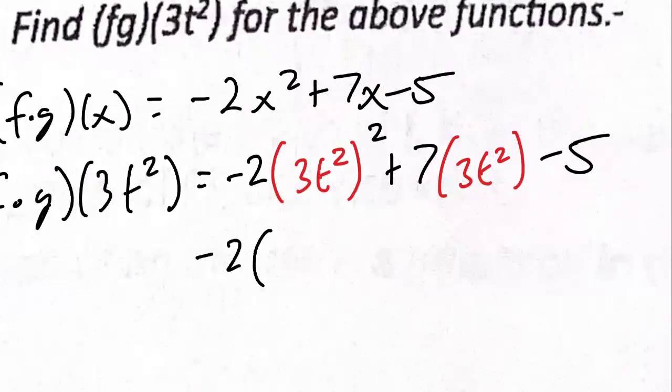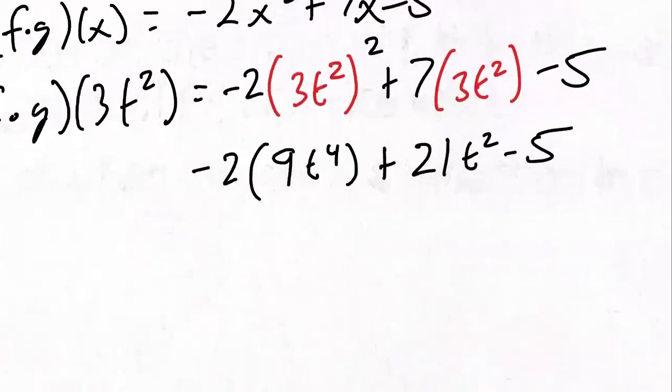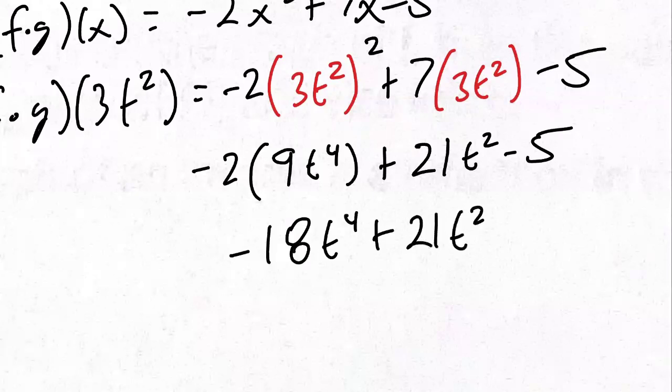So negative 2 times 3t squared to the power of 2 is 9t to the fourth, right? 3t squared times 3t squared. 3 times 3 is 9. t squared times t squared, t to the fourth. 7 times 3, 21. Distribute the negative 2. So a lot of substituting.